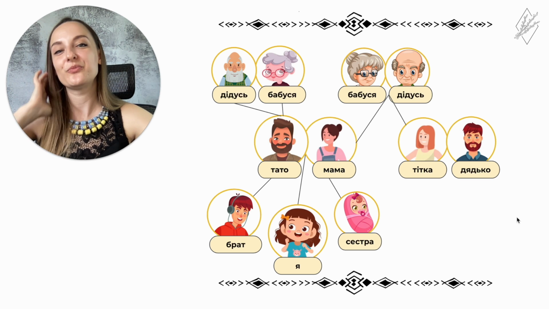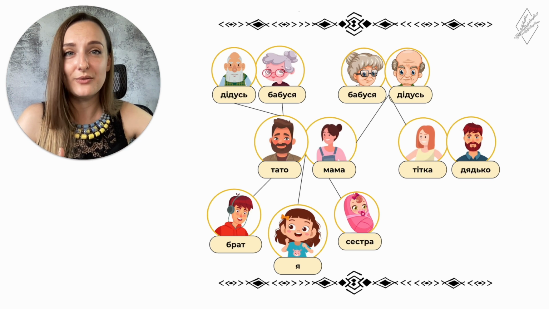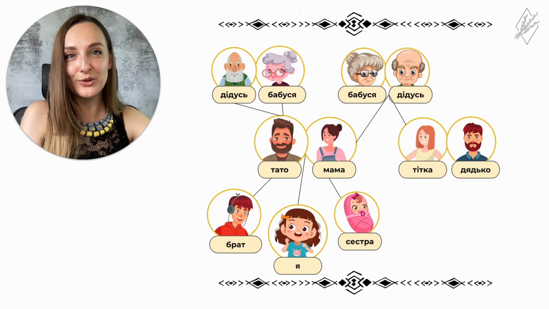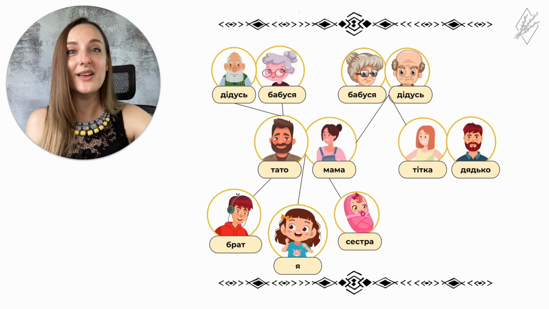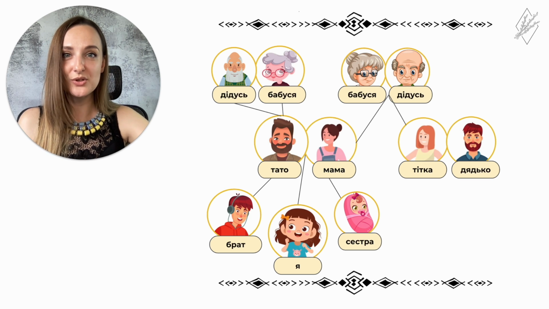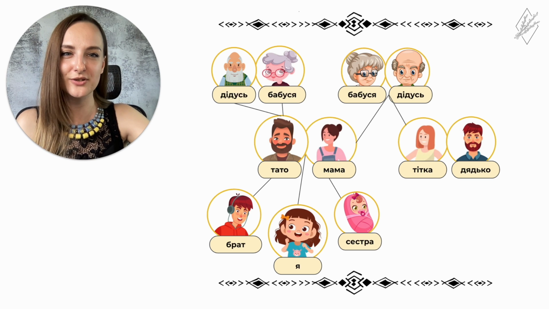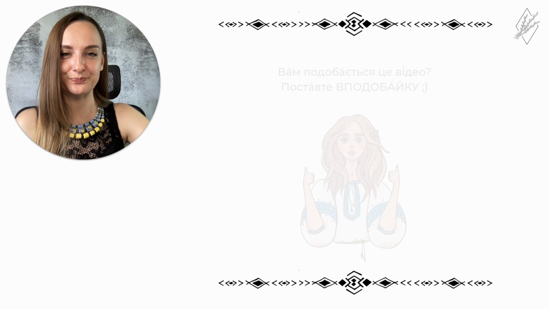I hope you can remember these words, and probably you can even make your own family tree and write down who is who for you. I think it will be good practice of this vocabulary. And I hope that possessive pronouns are clear for you, because this topic is not very difficult, it just needs a little bit of time to practice it.